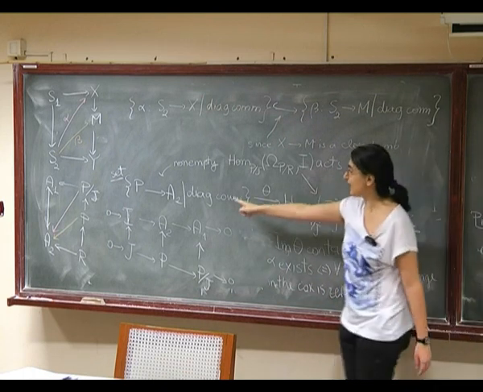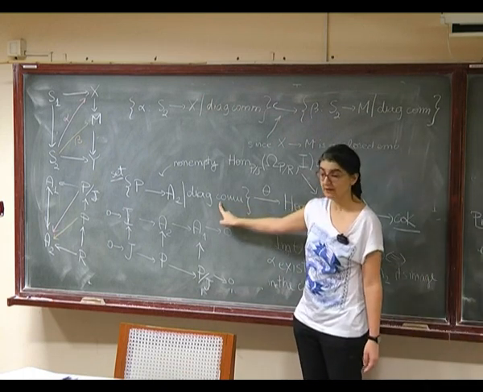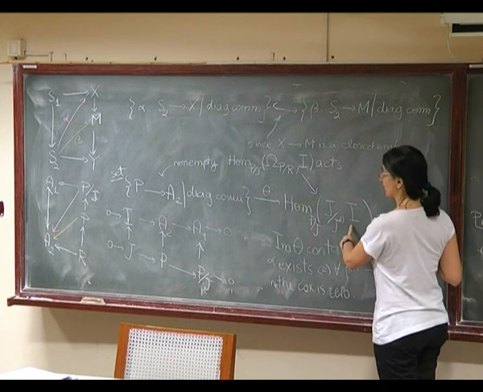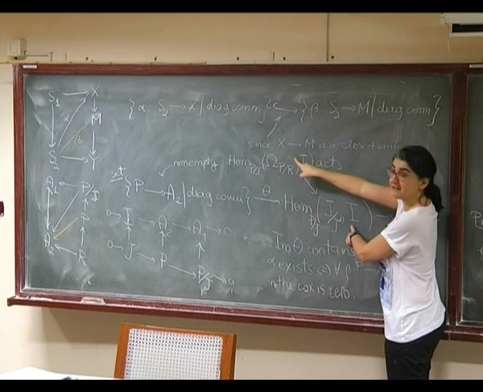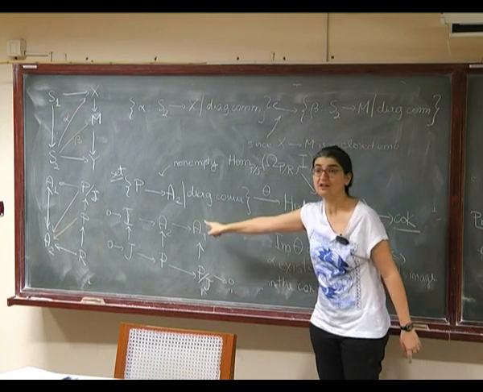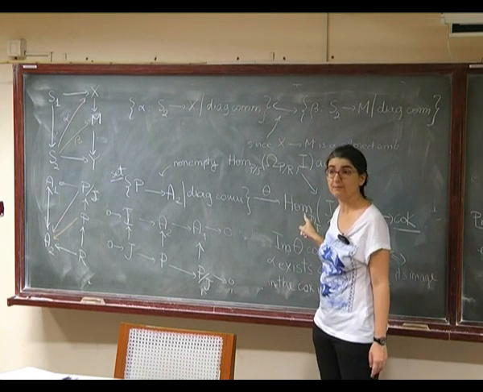Because if I start with any element, it goes to something here, and if the image here is 0, it means there is an element here which has the same image, and so I change it, and then I get something which actually maps to 0.